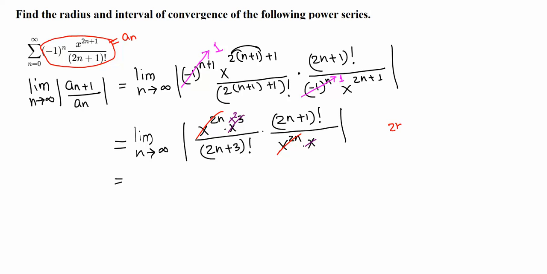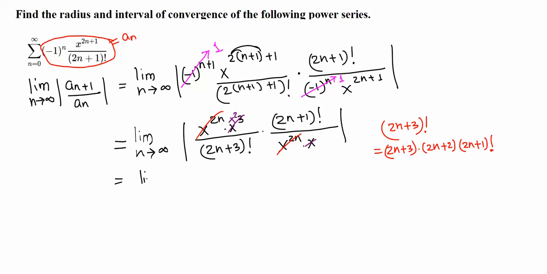We know (2n+3) factorial is the same as (2n+3) times one less, which is (2n+2) factorial, or one less all the way: (2n+3), (2n+2), and the next is (2n+1), which we have here, so (2n+1) factorial.